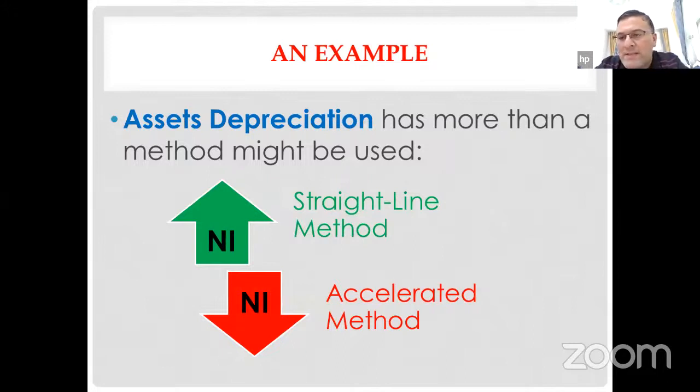And the second method of this transaction, the accelerated method, as you know, will result in a lower net income. So as you see now, for each transaction we face in a company, we need to choose which method to apply. Also we need to understand that each method has its economic consequences.